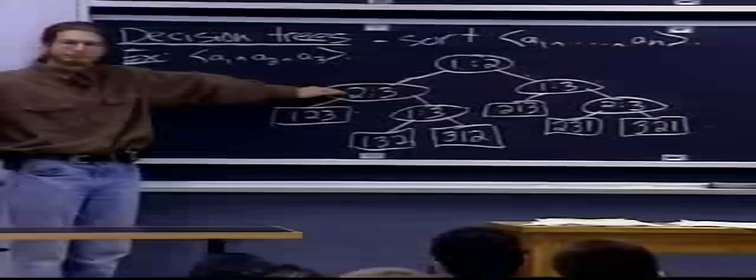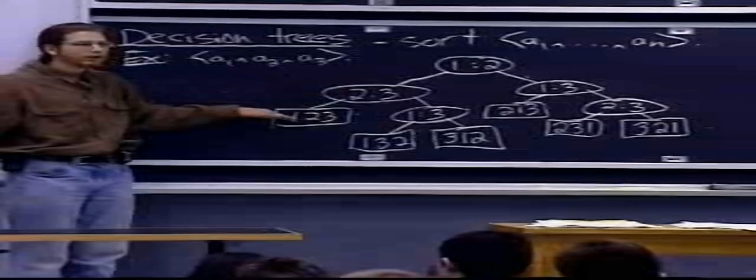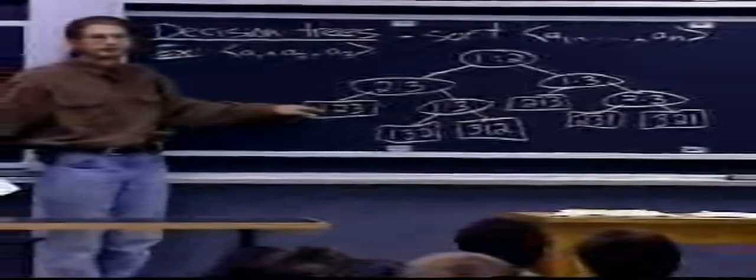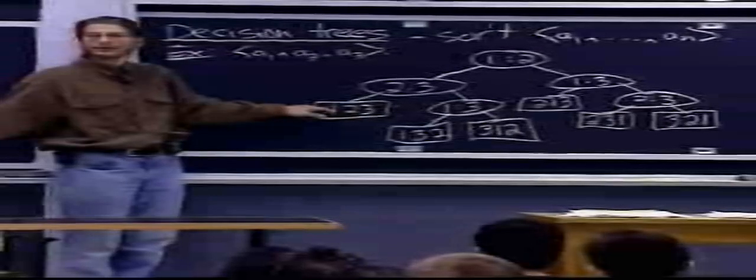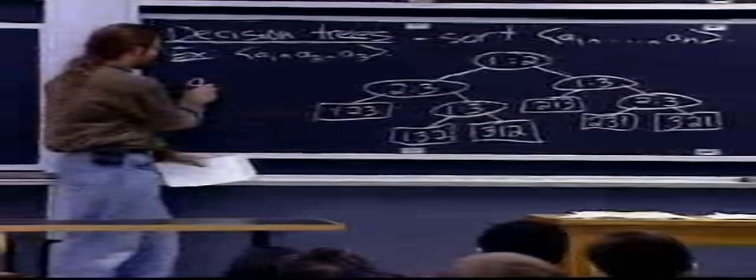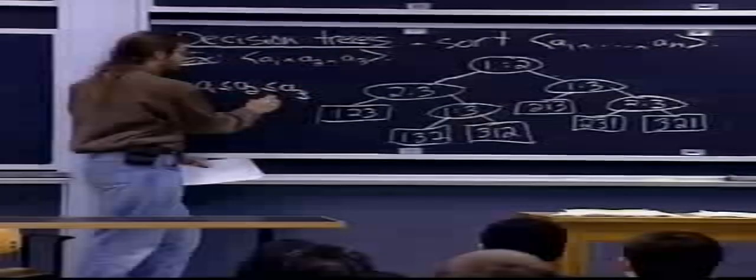This branch means that A2 is less than or equal to A3. So why do we know it's in sorted order? Transitivity, good. We have this sort of picture: we've made this comparison, we've made this comparison, and so that has to be the way they're laid out.